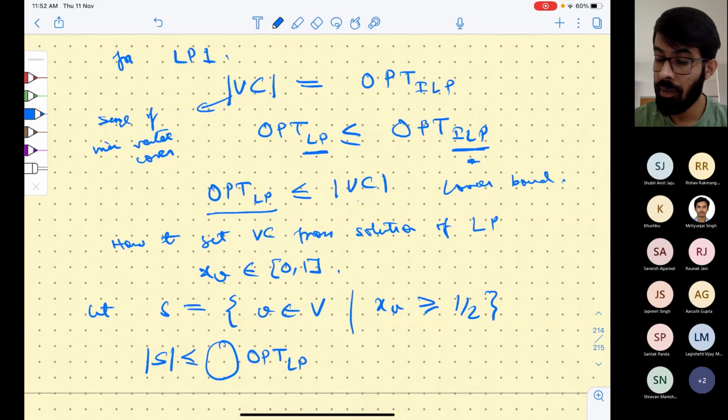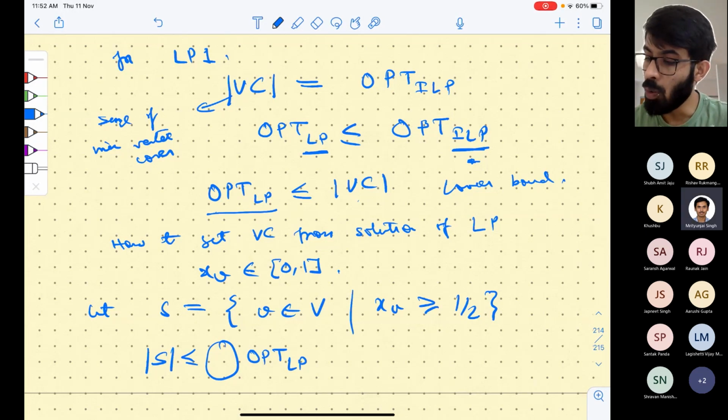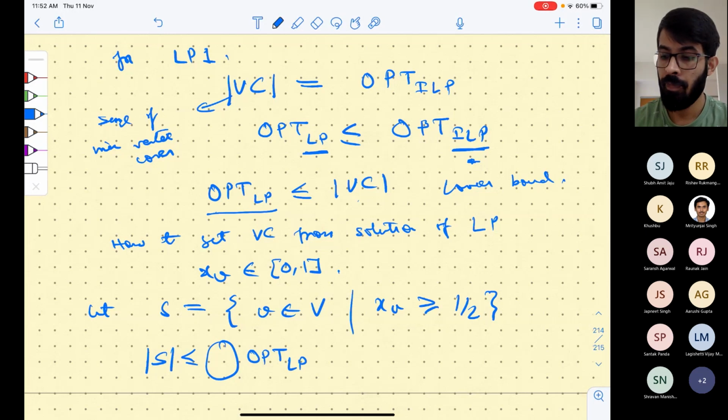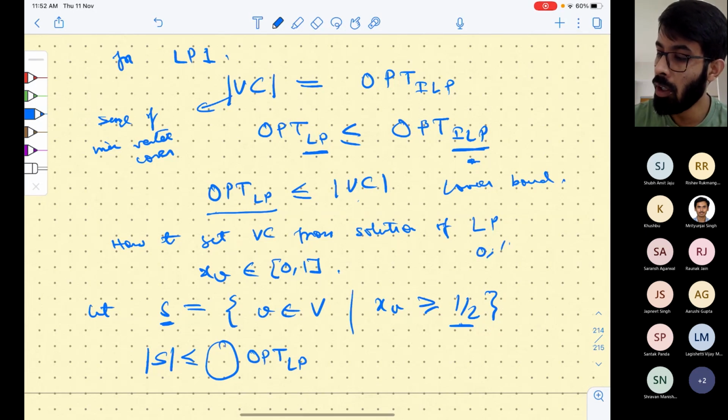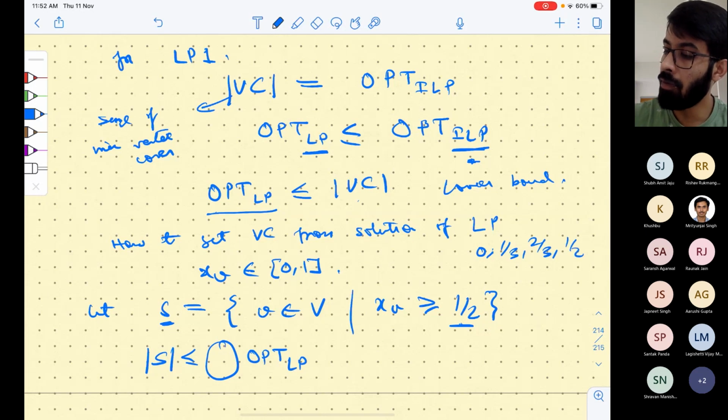Half. Half or 2? Whatever the value of opt LP was, now I'm taking S to be the set of vertices which were at least half. So suppose it was like this: 0, 1 over 3, 2 over 3, half, half, something like this, right?